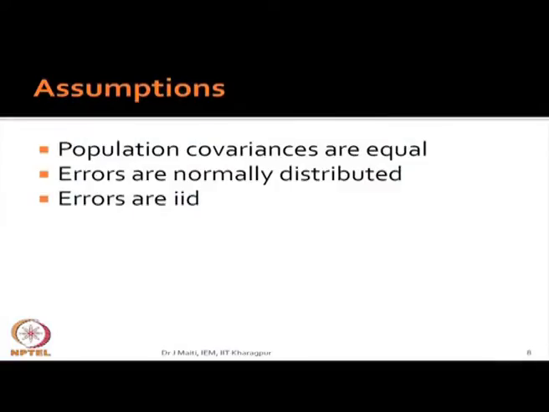Now we will see the assumptions. What are the assumptions? Population covariances are equal. Errors are normally distributed, errors are IID. We will see first population covariances are equal, how to test it.